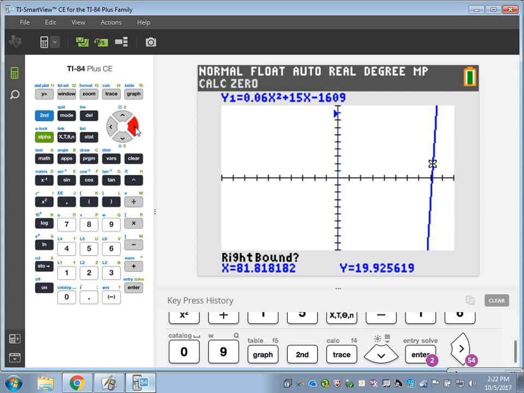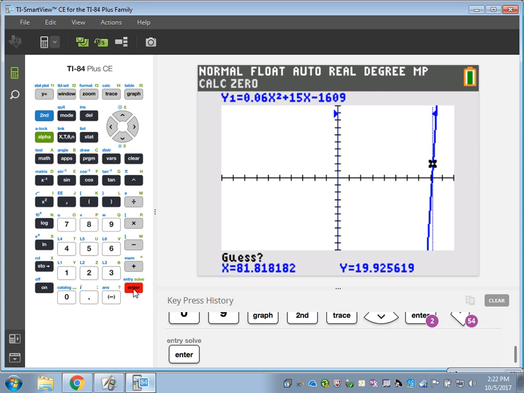If we're good with that, we'll set the right bound there by pressing enter once, and then press enter one final time. And what it will do, down here where it says 0, it says x equals, that has solved our quadratic for where it crosses the x-axis. That will tell us the time it takes for that to occur.